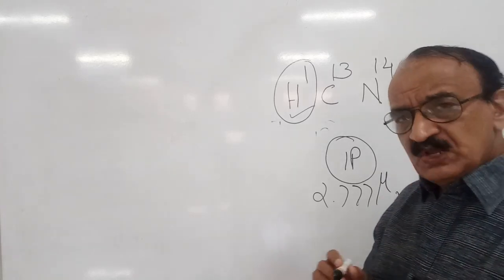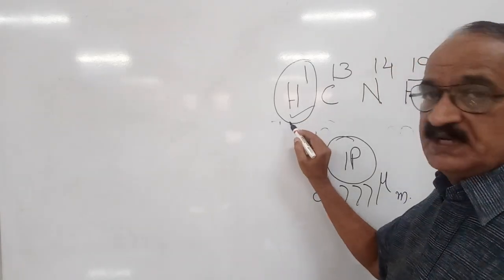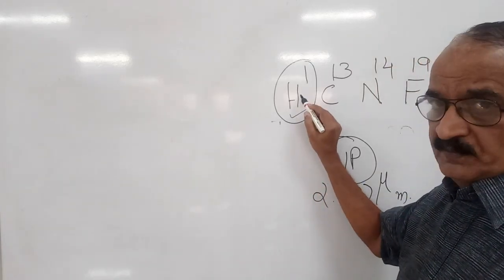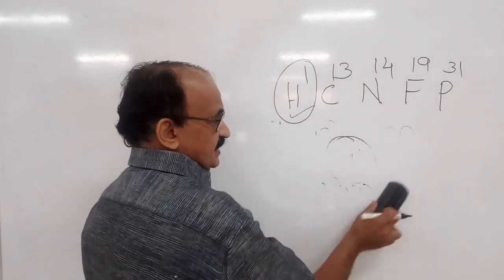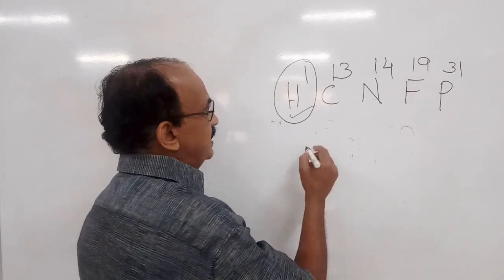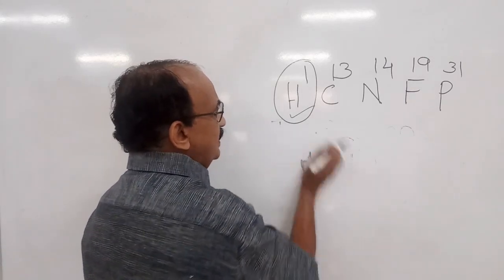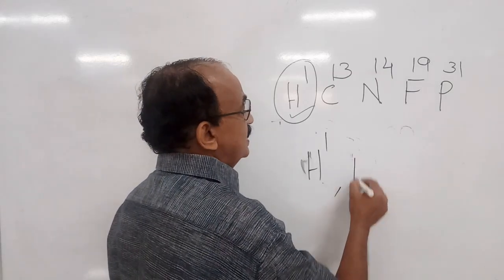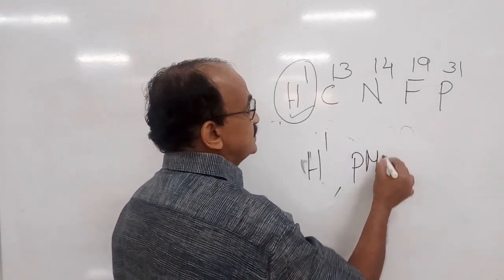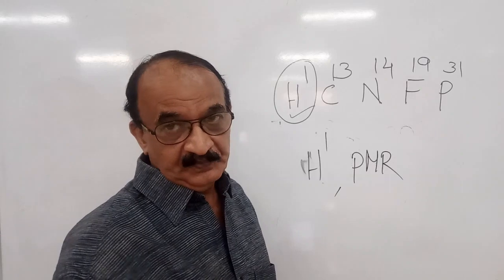So most of the study of NMR is carried out on the proton, and hence it is generally called H1 NMR. This is also called proton magnetic resonance, or PMR.